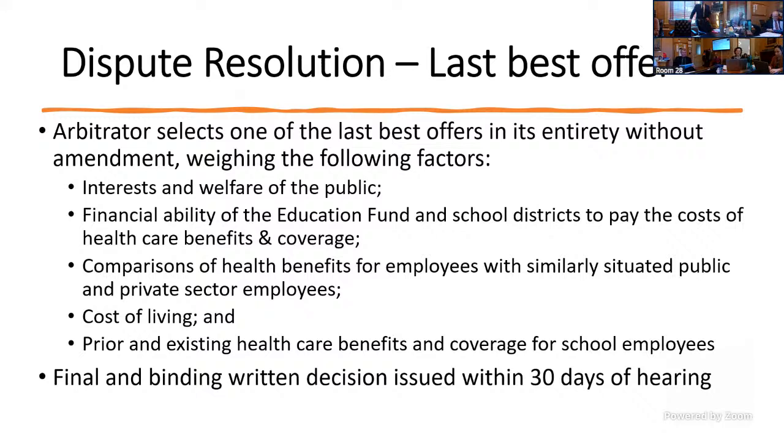And then the arbitrator has to issue their final and binding written decision within 30 days of the hearing. So that'll get you to December. So it'll get you before the end of the year. The arbitrator is required to provide a full explanation for the basis of their decision. And the arbitrator's decision is not ratified by the parties.